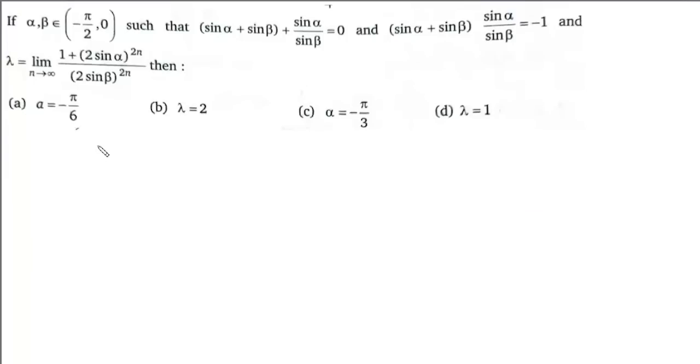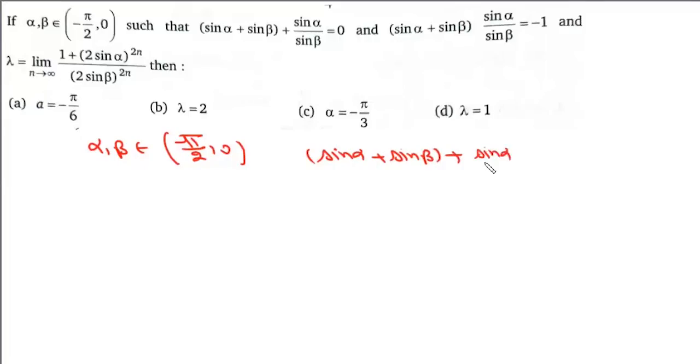Now here the question is, if alpha beta lies between minus pi by 2 and 0 such that sin alpha plus sin beta plus sin alpha upon sin beta, it is 0, and then sin alpha plus sin beta into sin alpha into sin beta, this is minus 1.